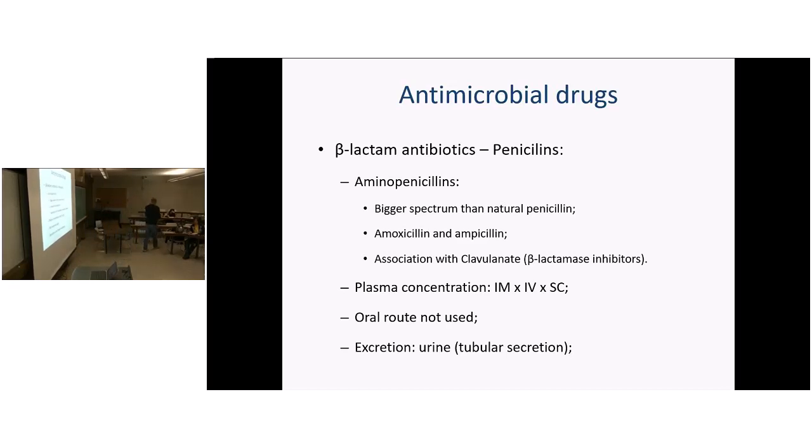In this case, clavulanic acid is an inhibitor of some types of beta-lactamase, which basically means it can act synergistically by first blocking the enzymatic effect that bacteria may produce, and then amoxicillin or ampicillin can do the job against the bacteria themselves.